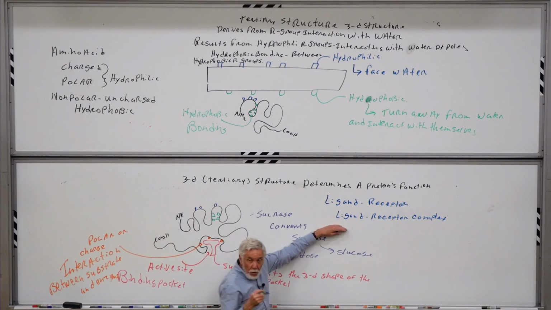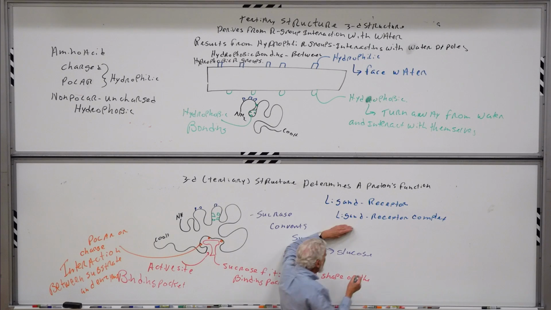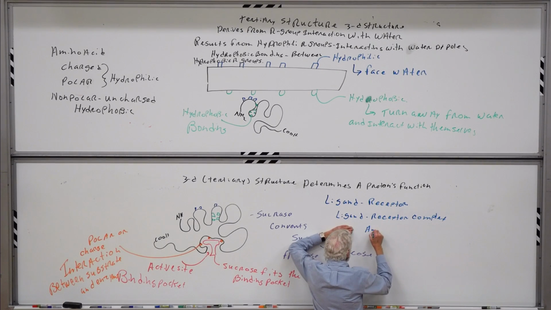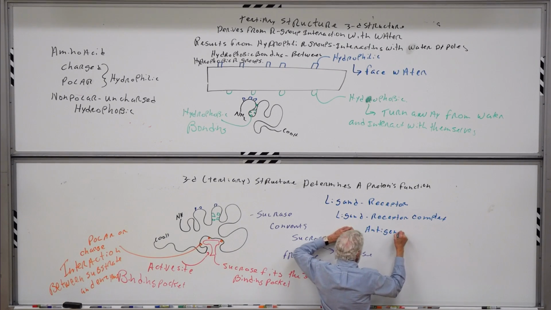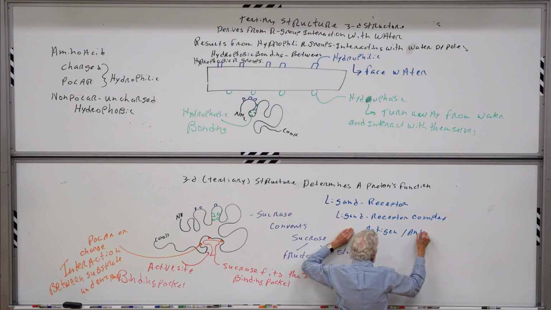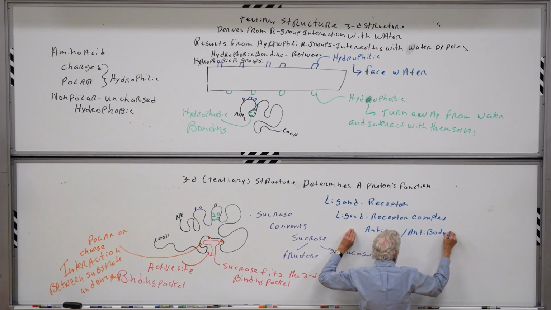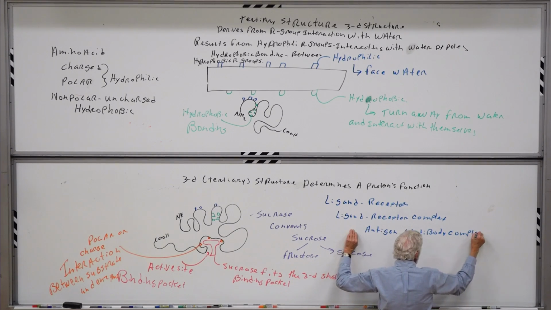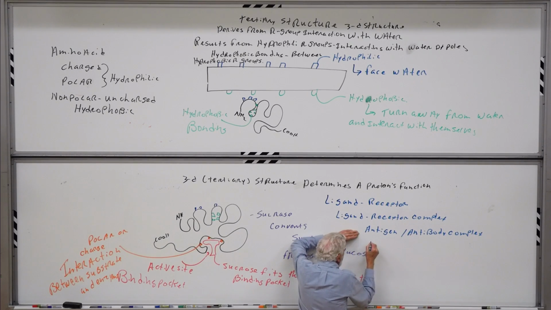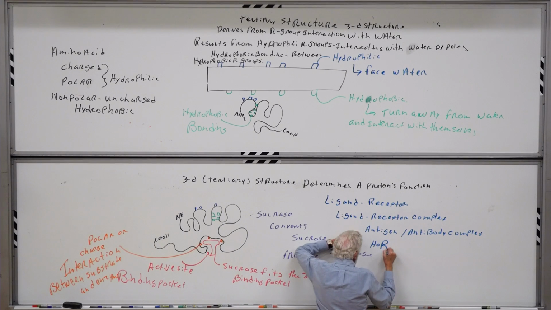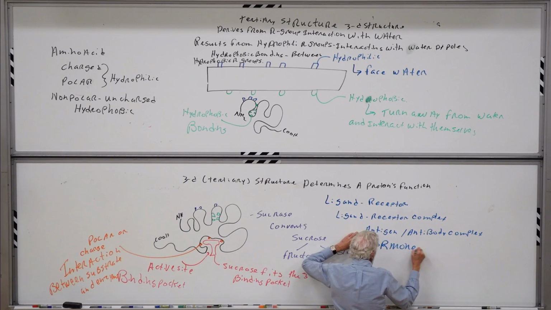Now, this could take a number of forms. It can take the form of an antigen antibody complex. Or it could take the form of a hormone receptor.